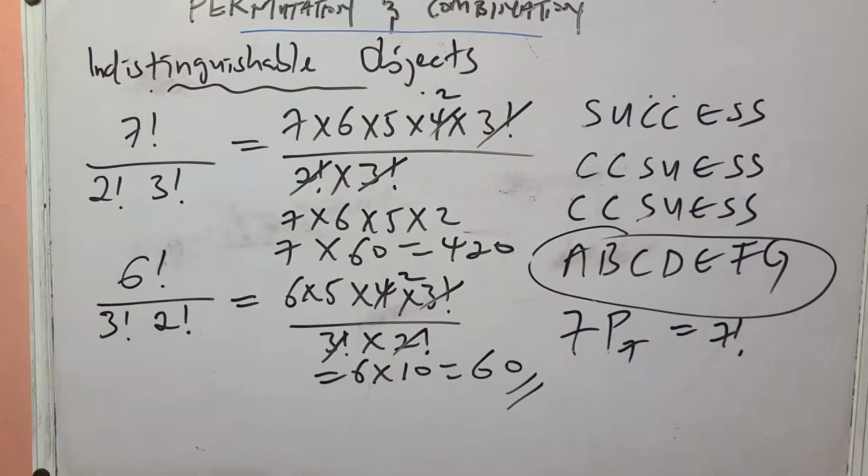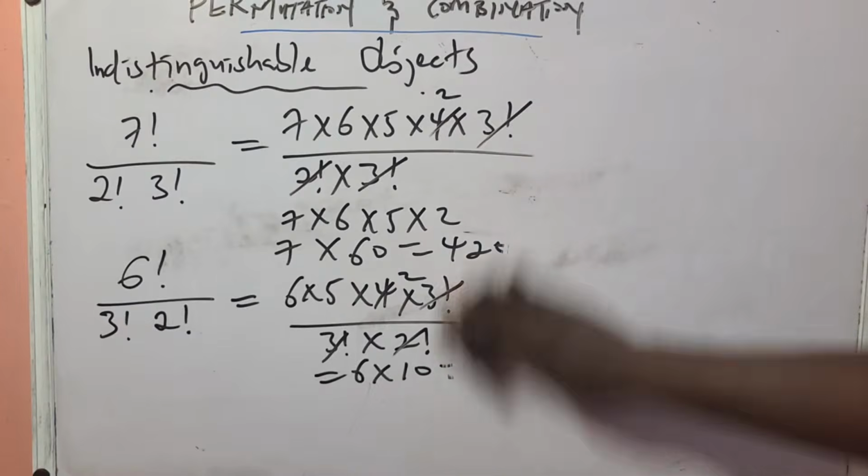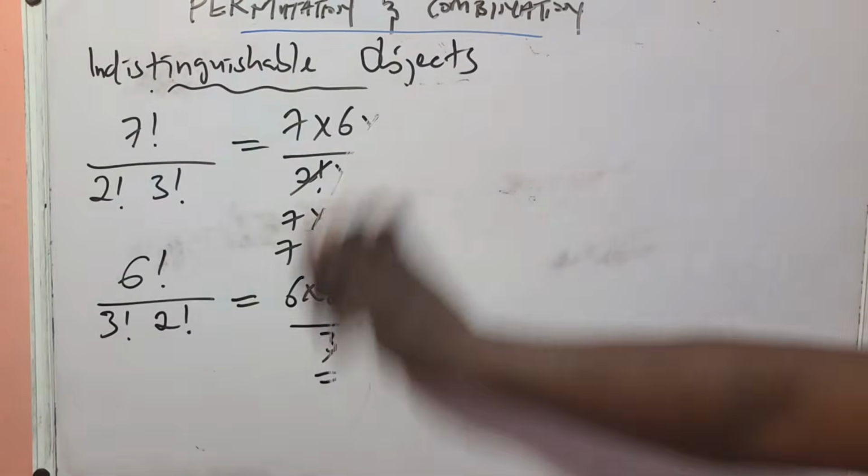So let me give you guys some work to do very quickly, and that will perfect your knowledge on indistinguishable objects. All right. How many different ways? Take this question down, please. Please ensure you are taking beautiful notes.